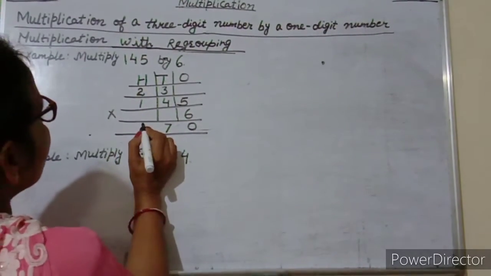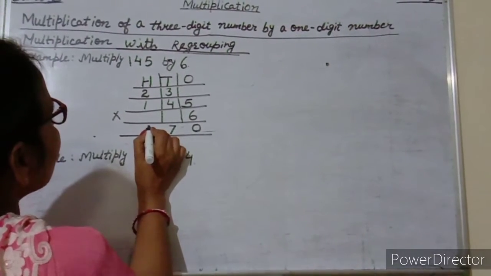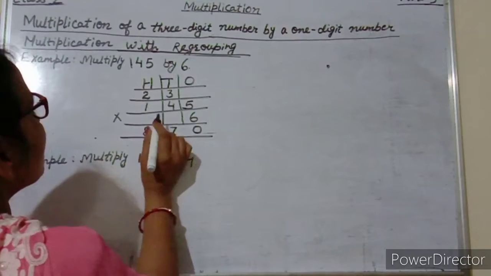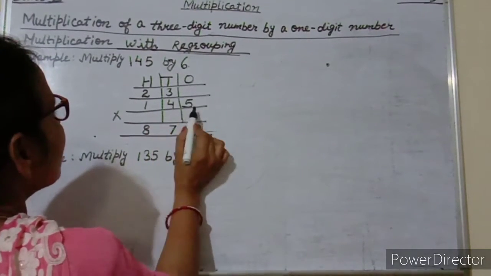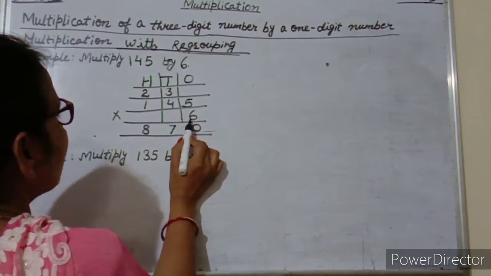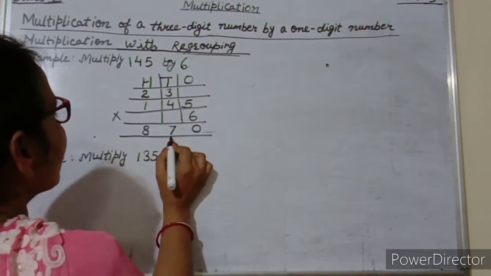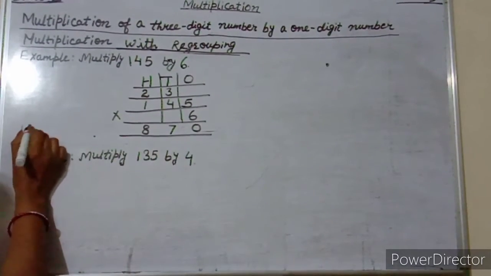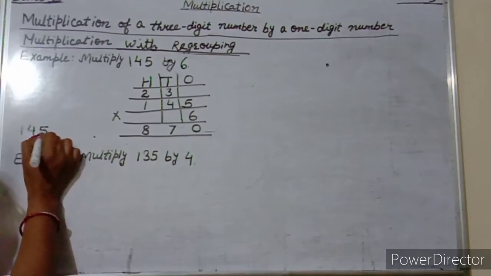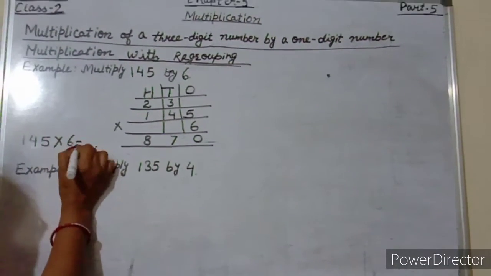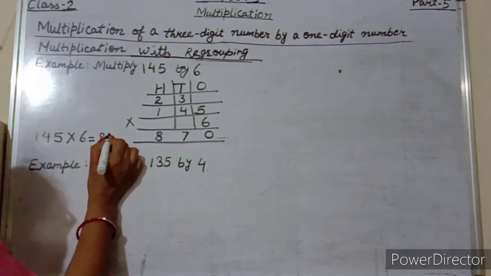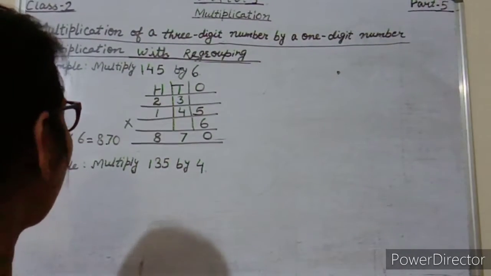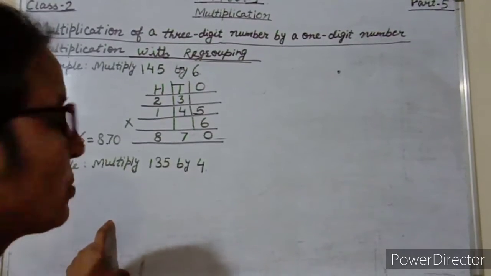So 8 we will write under the hundreds column. So students, 145 into 6 is equal to 870. Here write like this: 145 into 6 is equal to 870.